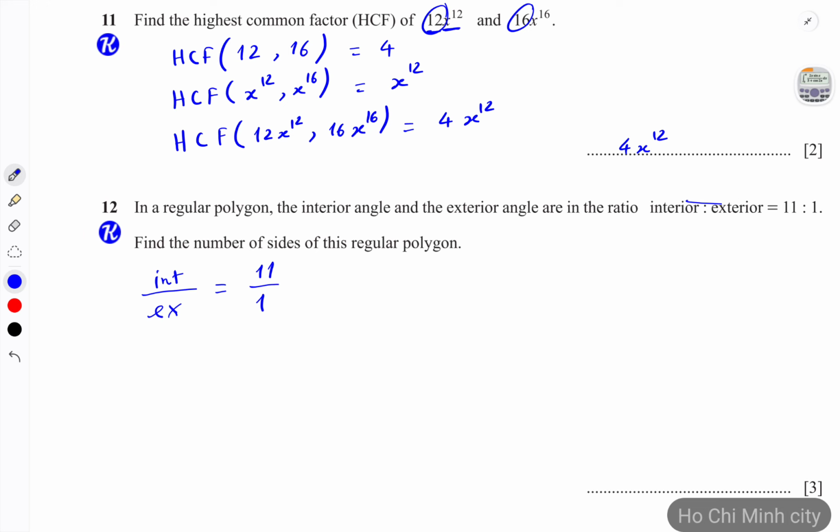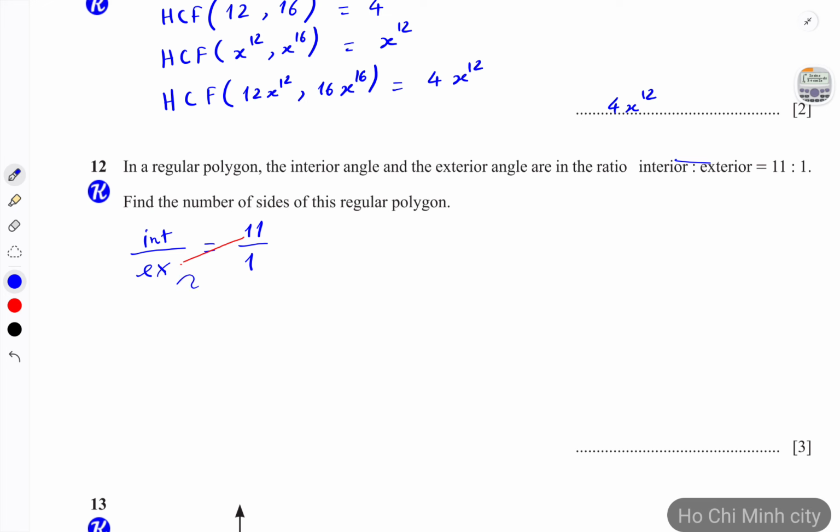All right, so we can change this one a little bit. Swap the place between the second numerator with the first denominator. All right, so this one would become interior divided by 11 equals exterior divided by 1.